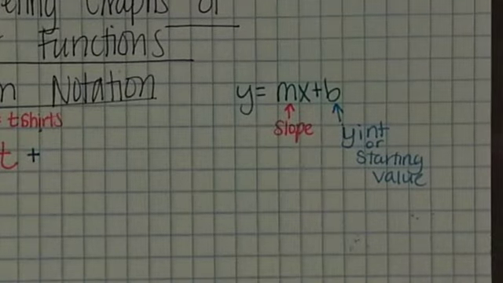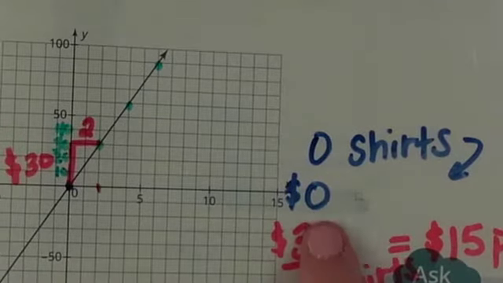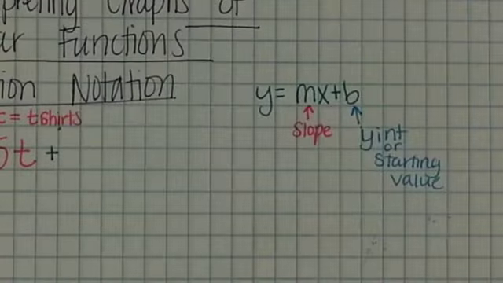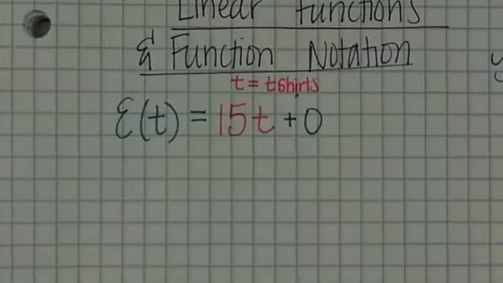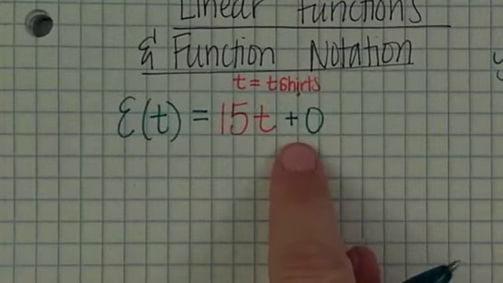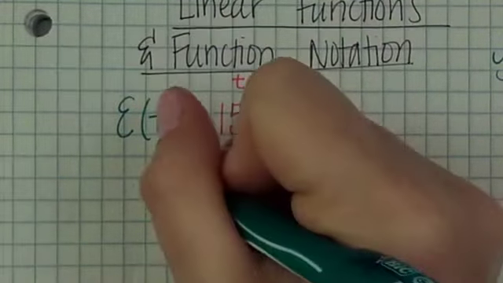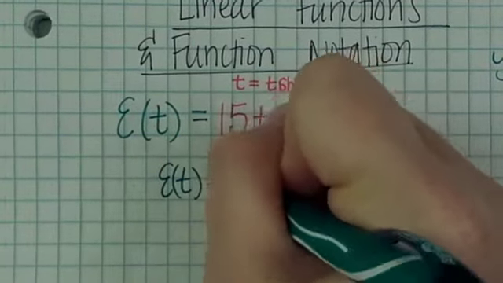Well, if you look at that graph, for 0 shirts, how much did she earn? She earned $0, so you would put 0 there. So E of T equals 15 times the number of t-shirts plus 0. So really, our equation would be E of T equals 15T.